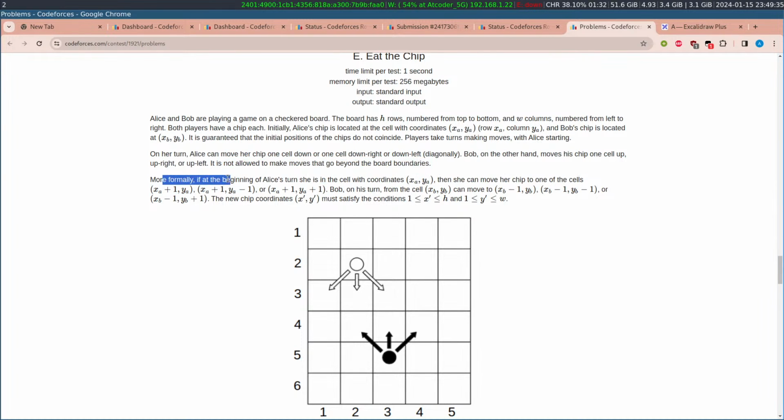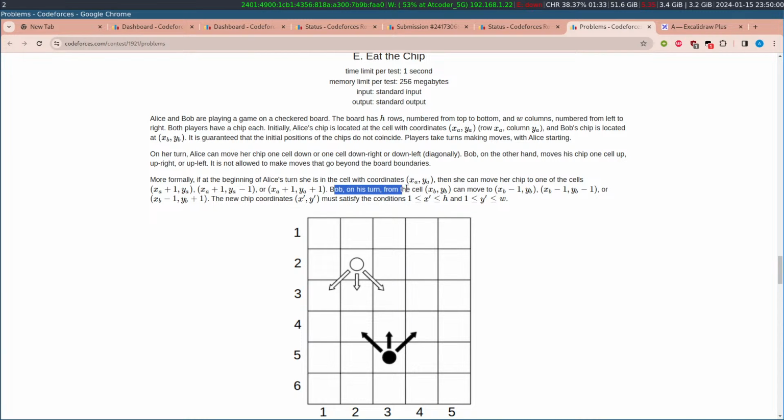Formally, if at the beginning of Alice's turn her chip is in the cell with coordinate XA, YA, then she can move her chip to one of the cells XA plus 1 comma YA, XA plus 1 comma YA minus 1, or XA plus 1 comma YA plus 1.